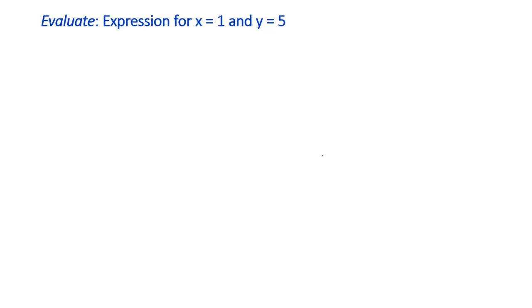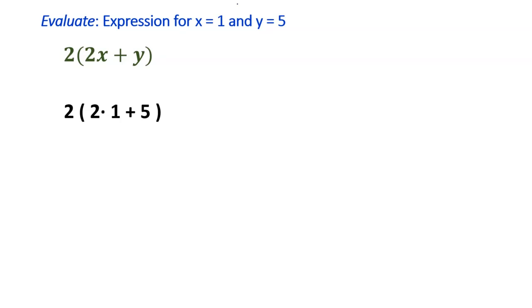This time, the expression I'll show you in a minute, but the values are given for x equals 1 and y equals 5. That's what we're evaluating for. Here's our first expression. 2 times 2x plus y. Go ahead and replace your x by 1 and your y by 5 first. So I wrote 2 times, inside the parenthesis, 2 times 1 plus 5.